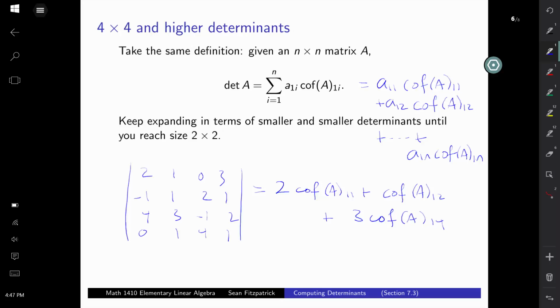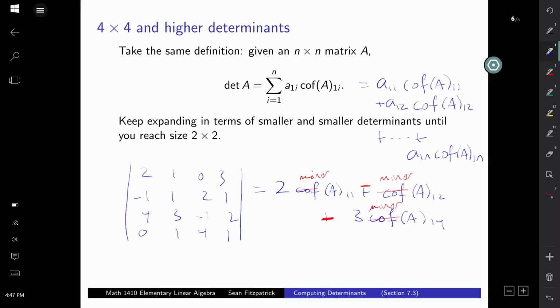And then each of those cofactors, well, I can put in my signs, right? So this one, 1,1 is positive, so that's going to be the minor. 1,2 is negative, so I could make that a minus sign and do the minor. 1,4, again, 1 plus 4 is odd, so the sign factor there is negative, so I can make that a minus sign and do the minors, right?